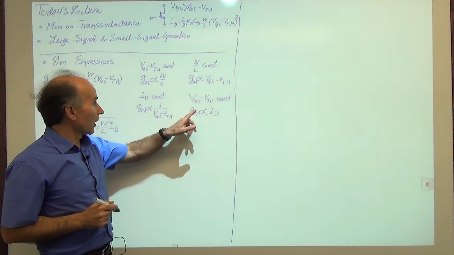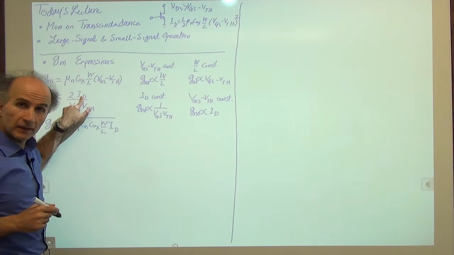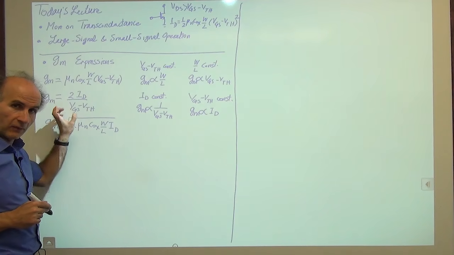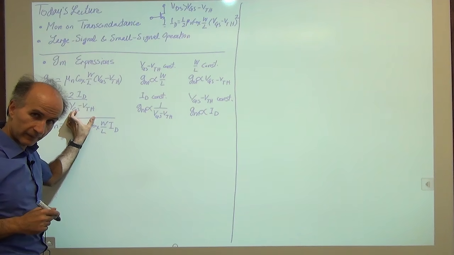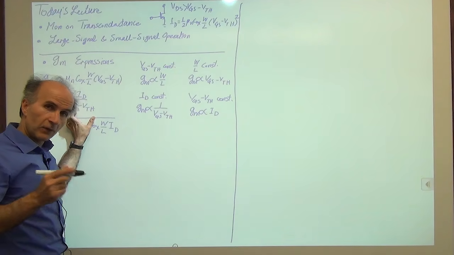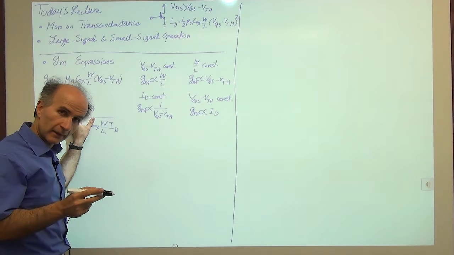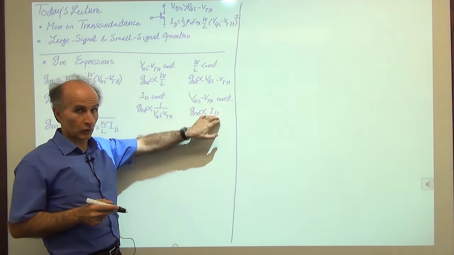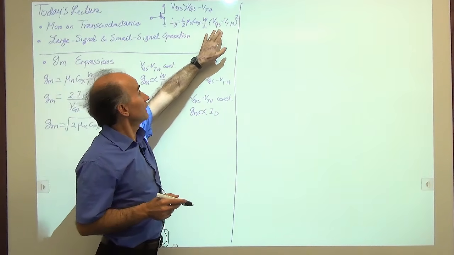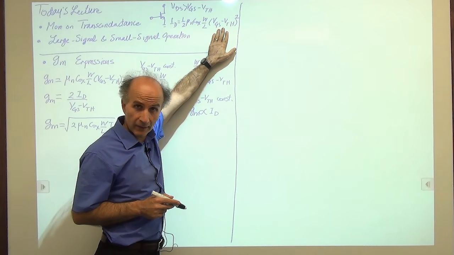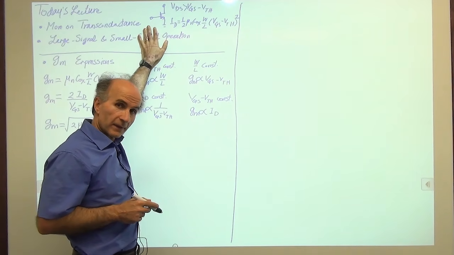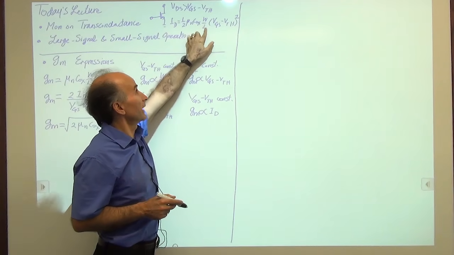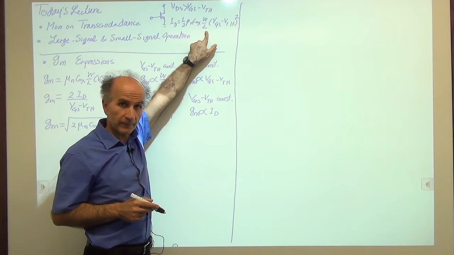So I would like to increase ID so that GM increases. That happens if I keep VGS minus VTH constant. But how can I keep VGS minus VTH constant while ID increases? All right, so we just go back to that same equation. How can I keep VGS minus VTH constant while ID increases? Well, that implicitly assumes that W over L increases.